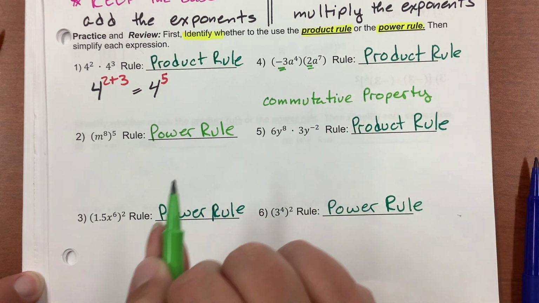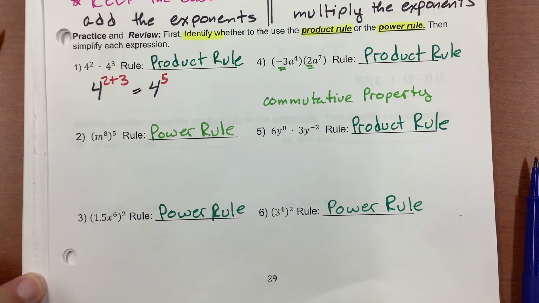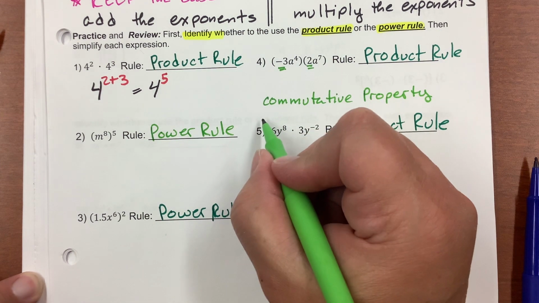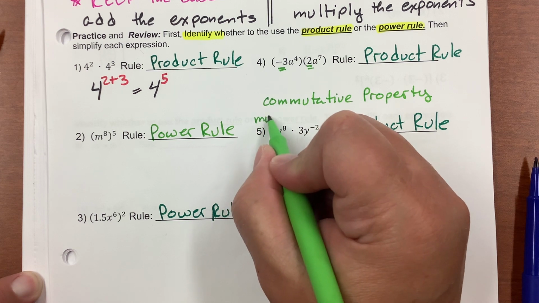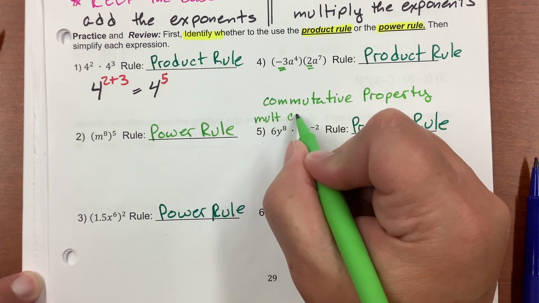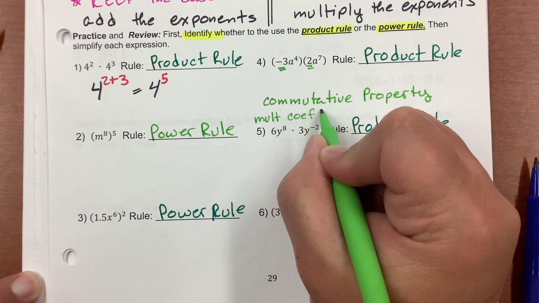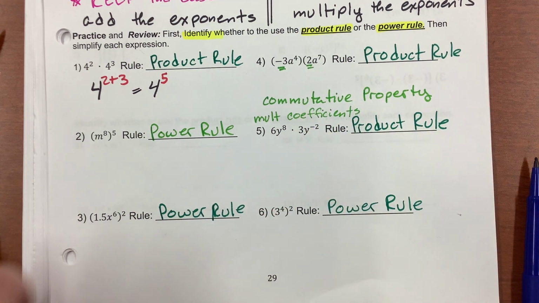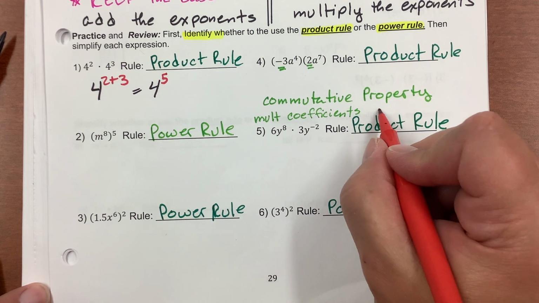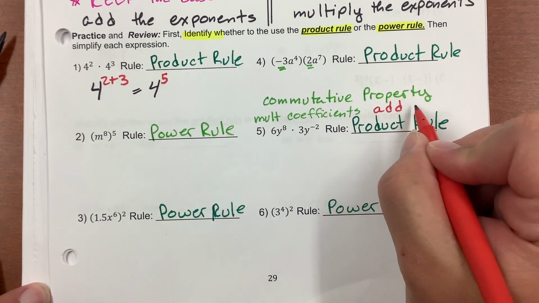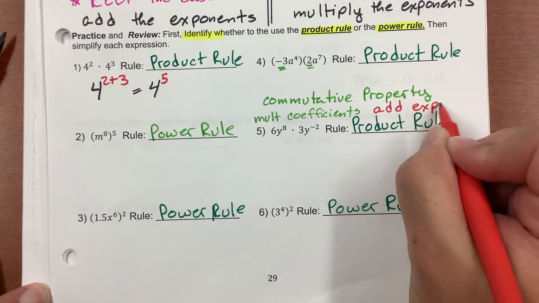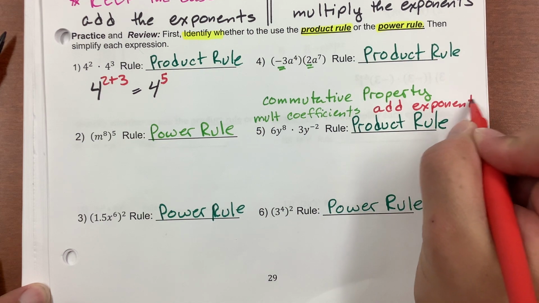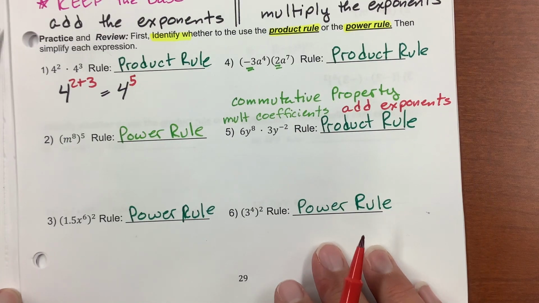And that's the property that says you can move the numbers and letters around to put like terms together. And in this case, I'm going to multiply coefficients and I'm going to add exponents.